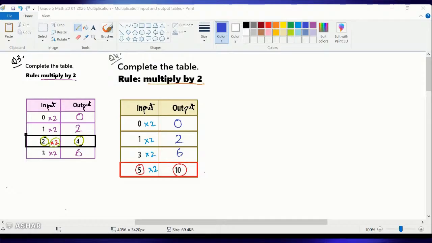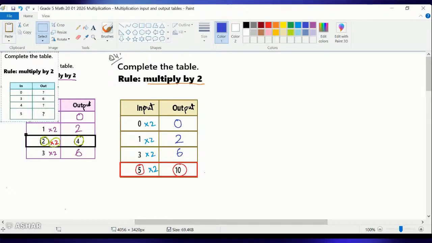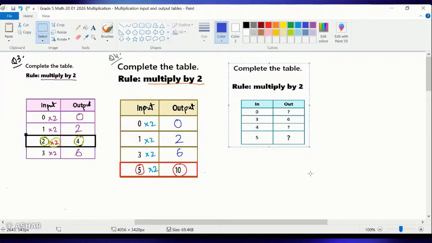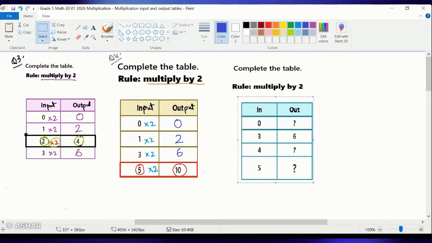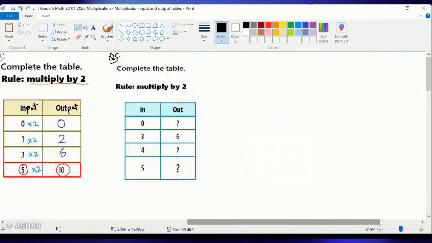Okay, so we have the next question that says we need to complete the table, and let's see what happens to each number over here. This is our question number 5, and what they are asking us is complete the table, and they gave us the rule over here that we need to multiply by 2. If the rule was not given to us, then we can study the one value where both the input and the output are given.